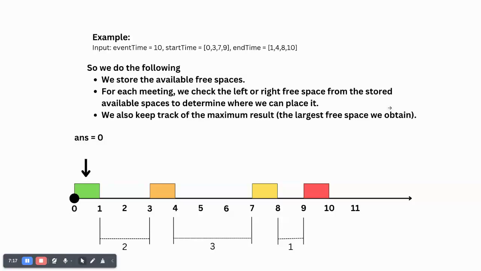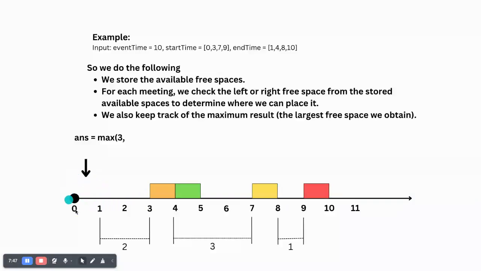So for the first meeting, we can place it somewhere which is free, and it should not be adjacent free spaces. And whenever we have such an arrangement, as I said before, the result is going to be the free space we have from the left, plus the free space we have from the right, summed up with the space occupied by that meeting.